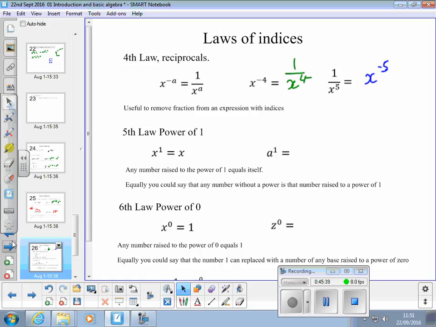And we've already looked at this a bit as well. X to the power of 1 is equal to x. That's the case as any number to the power of 1 is equal to that number. So a to the 1 is equal to a. Sometimes it's useful to write it with the index so we can see what we're doing in the steps of our problem.